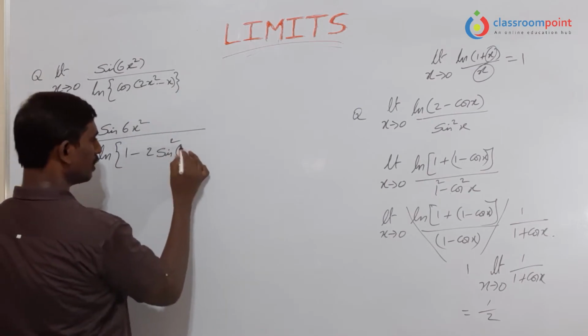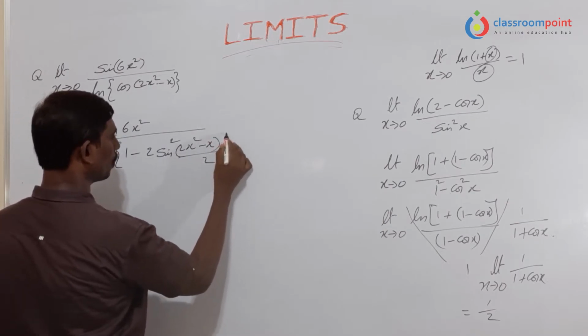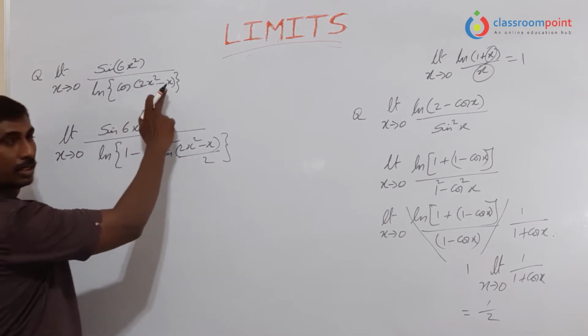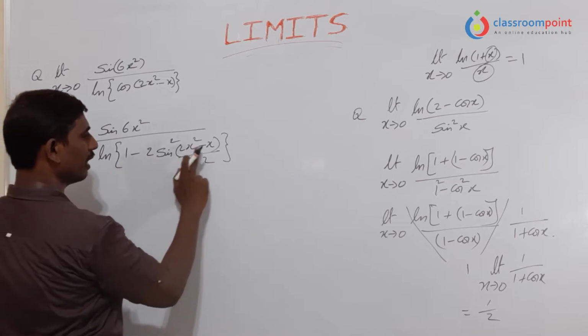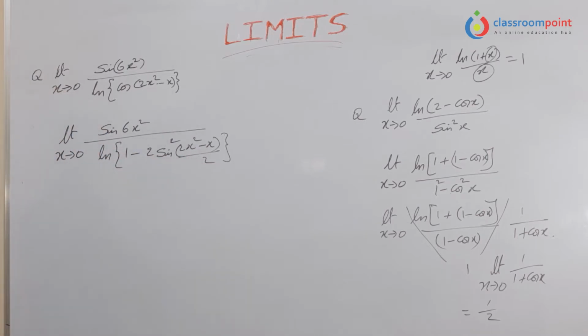A by 2 means (2x square minus x) by 2. ln of cos A can be written as 1 minus 2 sine square A by 2. Is it clear? Now what to do here?